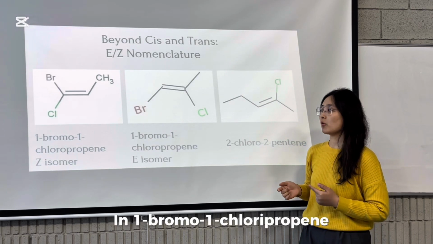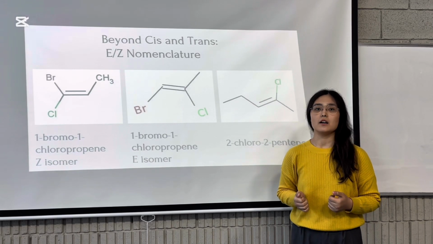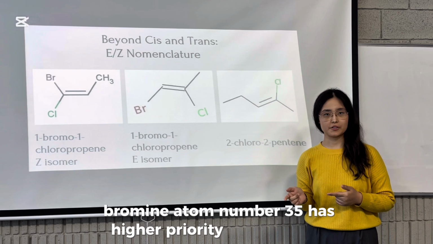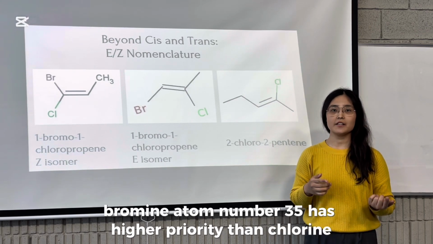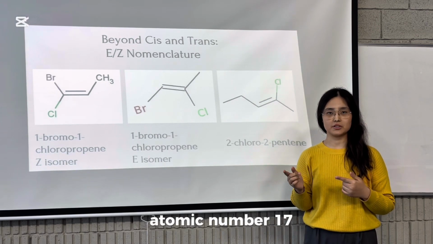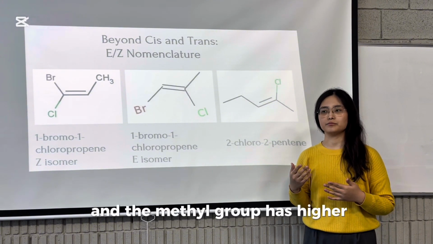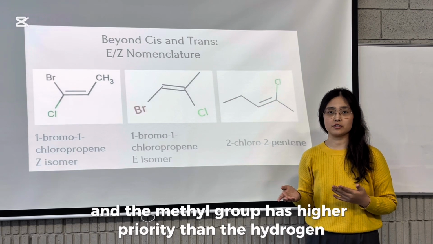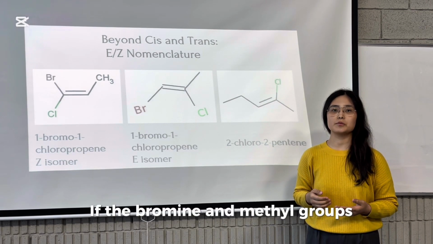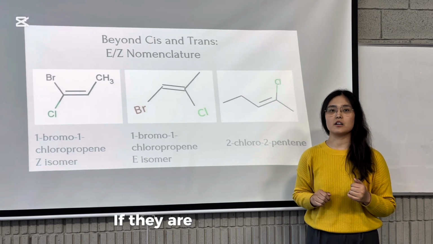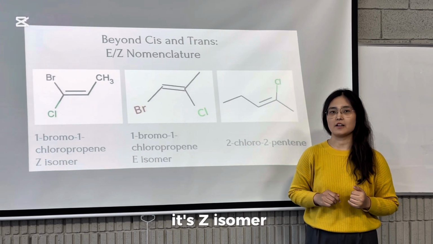In 1-bromo-1-chloropropene, bromine, atomic number 35, has higher priority than chlorine, atomic number 17, and the methyl group has higher priority than the hydrogen. If the bromine and methyl groups are on opposite sides, it's the E isomer. If they are on the same side, it's the Z isomer.